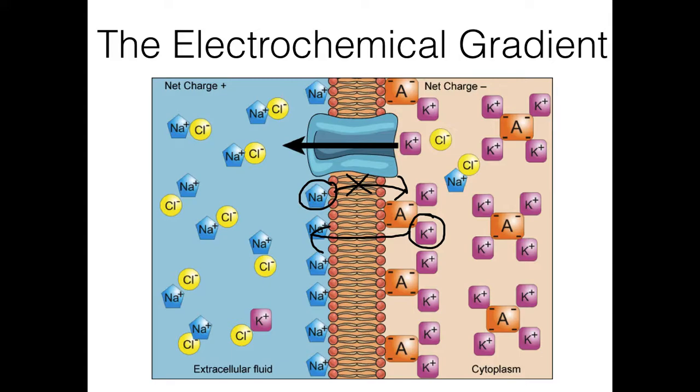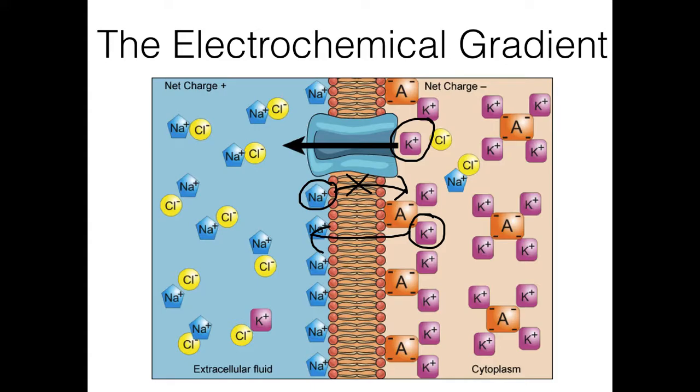The membrane is actually more permeable to potassium. Sodium can only go through the membrane if there are special sodium channels that allow it to go through. These are usually going to be gated channels that can open and close. The membrane typically has potassium channels in it all the time.